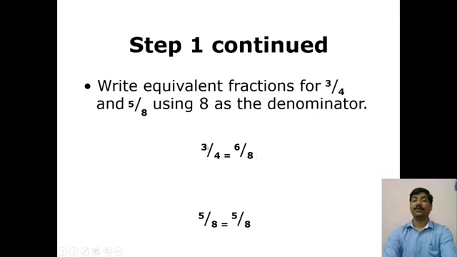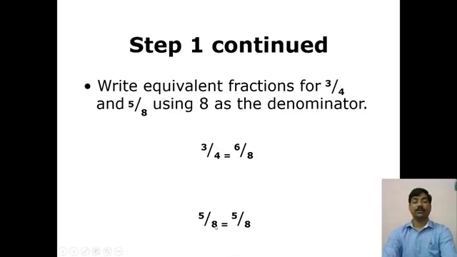So what do we have to do in the numerator? You have to multiply the numerator by the same number. So here the numerator will be 6. In this way, 6/8 is equivalent to 3/4.